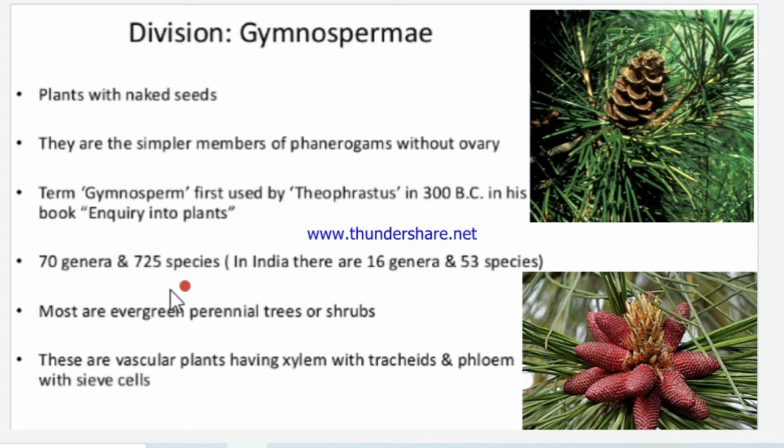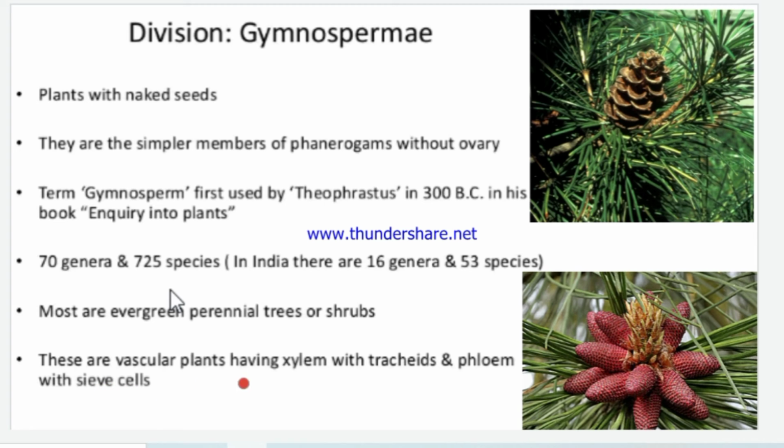There are 70 genera and 725 species known of gymnosperms, though in India we find only 16 genera and 53 species, and most of them are evergreen perennial trees and shrubs found at higher altitudes.